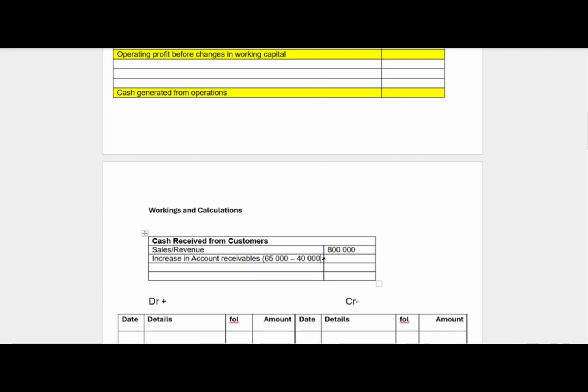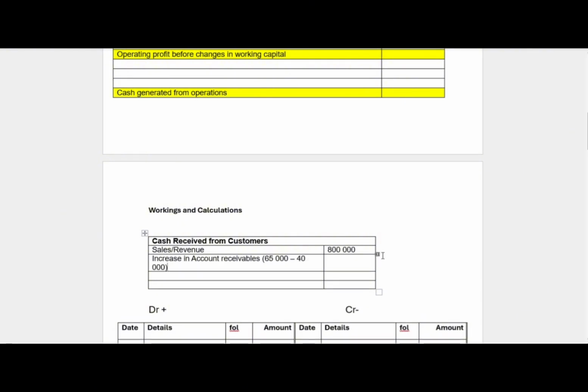Let's put that on the calculator. 65,000 minus 40,000. I'm getting an increase in debtors of 25,000.